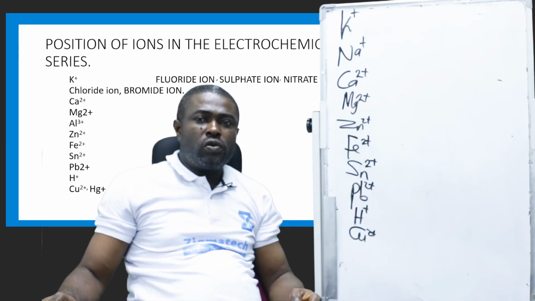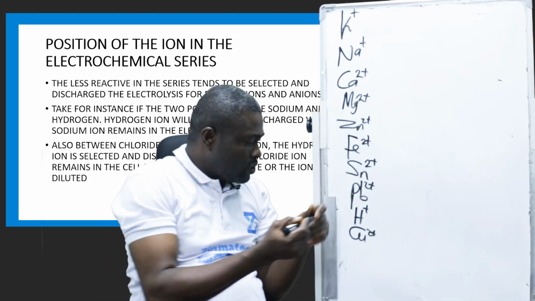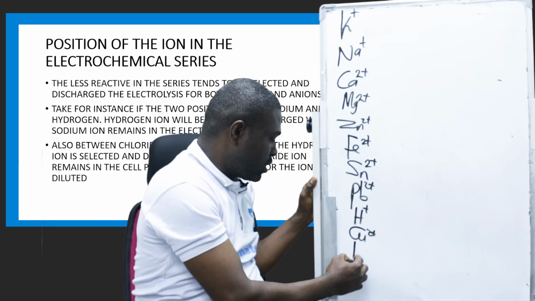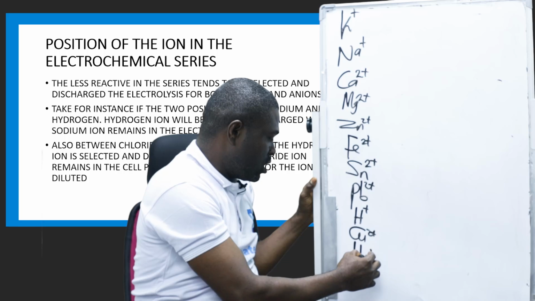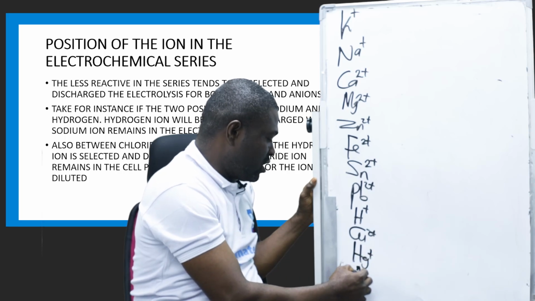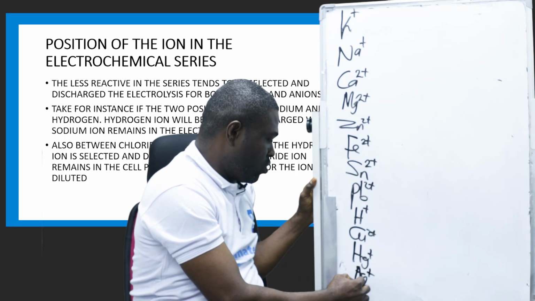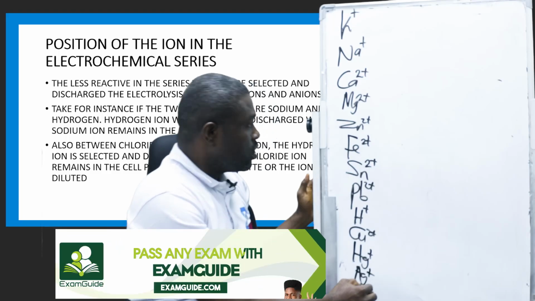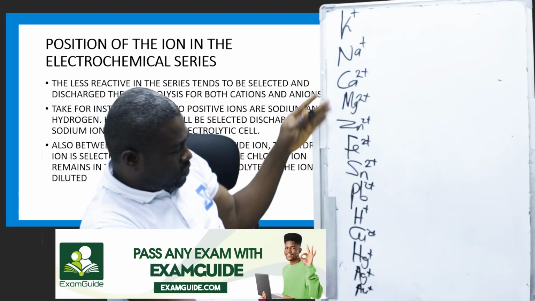I now have mercury, silver, and gold. Mercury is Hg, silver Ag, and gold Au. These are the positive ones.